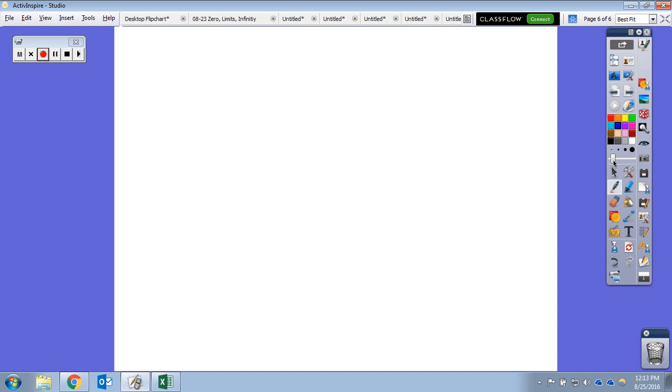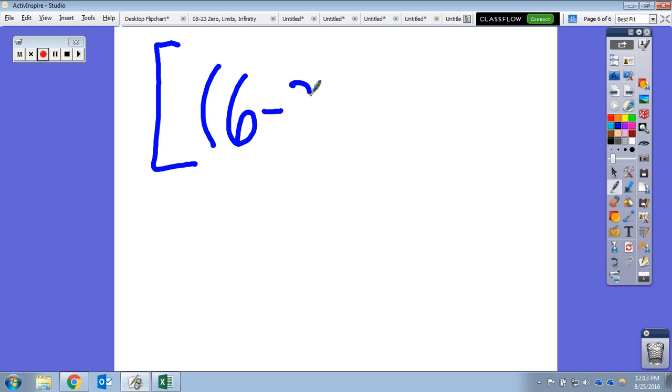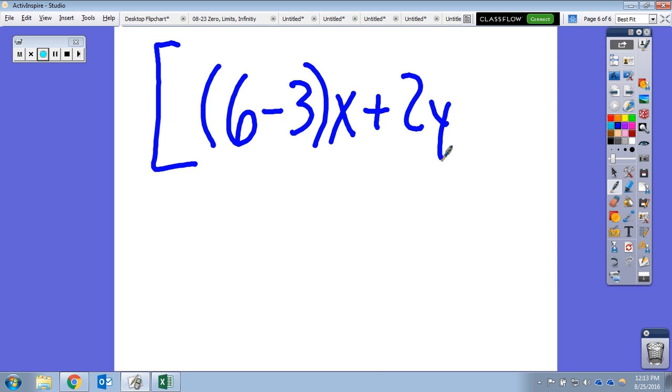So for example, if you had 6 minus [3x plus 2y], just some random expression. Simplifying from the inside out, take care of this first. And then when you have 3x plus 2y, it's just not necessary to have the brackets.